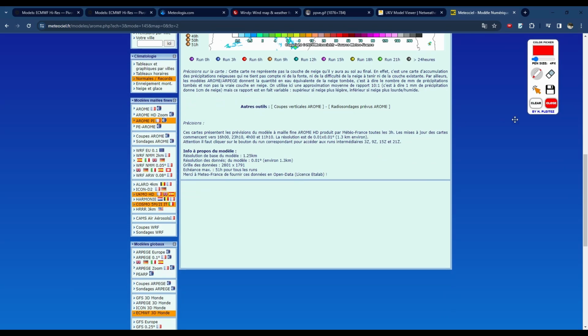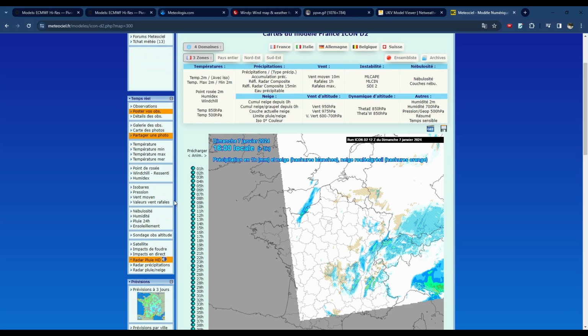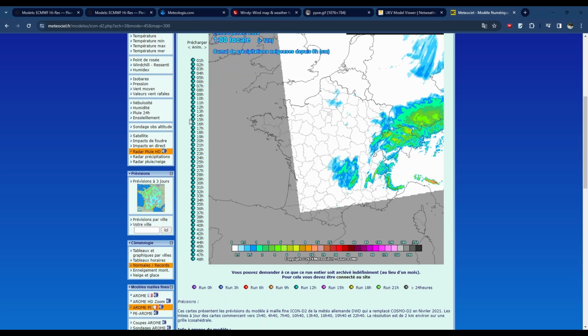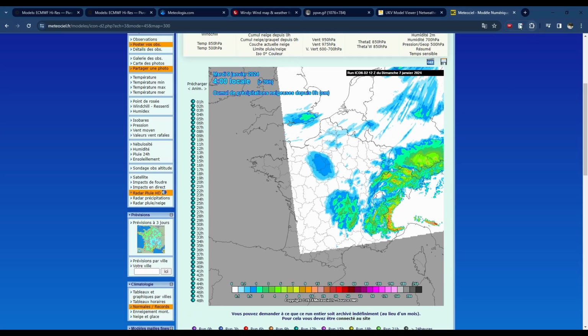The most extreme solution I've seen is the ICON-D2, which, as you can see there, brings as much as 3 centimeters or so fairly widely across southeast England during the day on Monday. And I don't completely disagree with this, because quite a lot of the time you'll find that the weather models really underestimate the shower development.